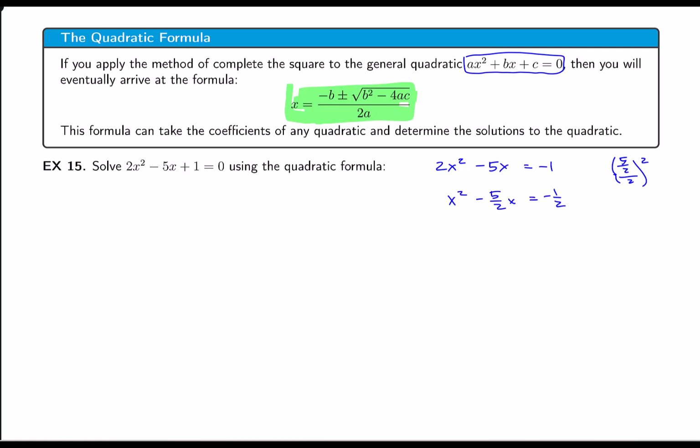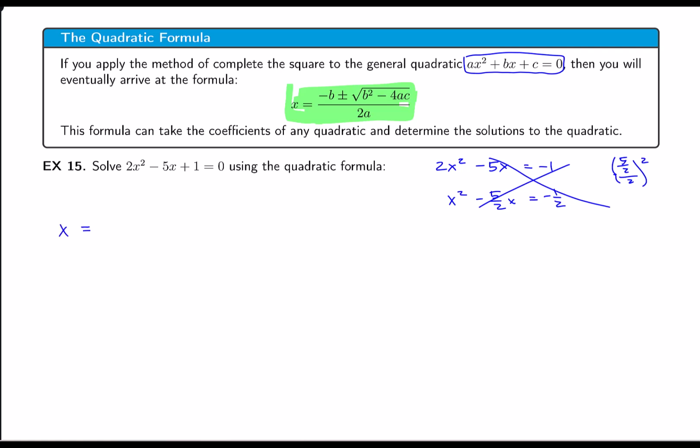It ends up as a fraction. You're going to be adding and subtracting fractions throughout. It just gets more and more complicated because of the fractions. So I tend to not use completing the square when that sort of thing occurs. That's when I use the quadratic formula.